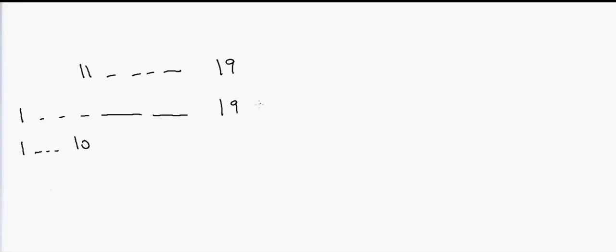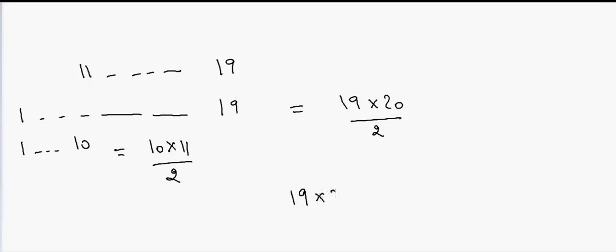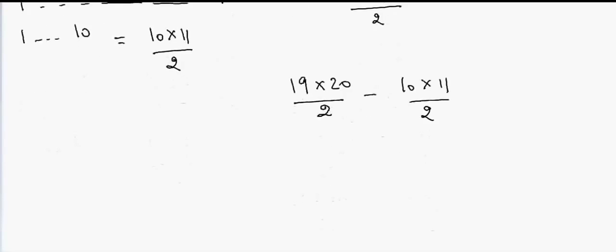So 1 to 19 will be equal to 19 into 20 divided by 2, and 1 to 10 will be equal to 10 into 11 divided by 2. If I subtract both, that will be equal to 19 into 20 divided by 2 minus 10 into 11 divided by 2. So that's how I can do the addition in a sequence which does not start from 1.